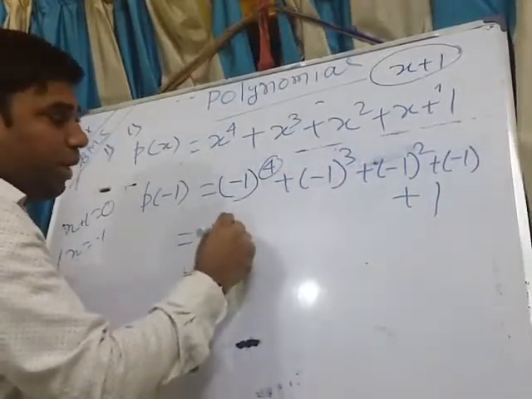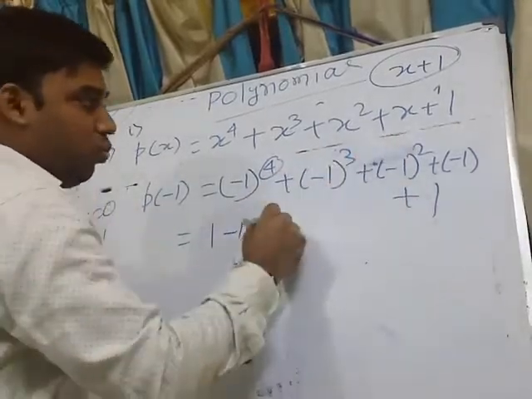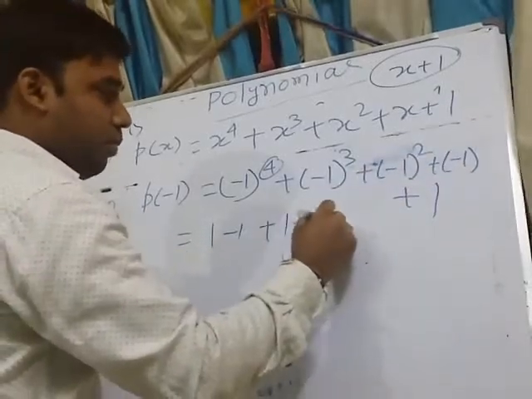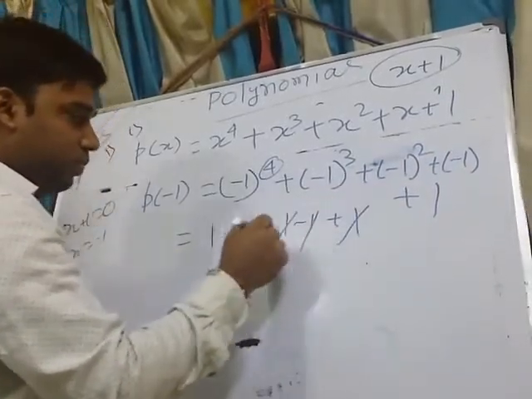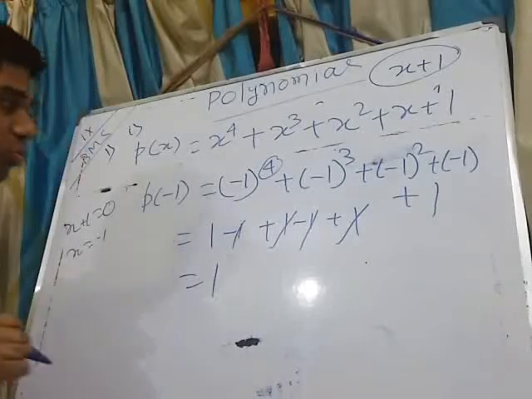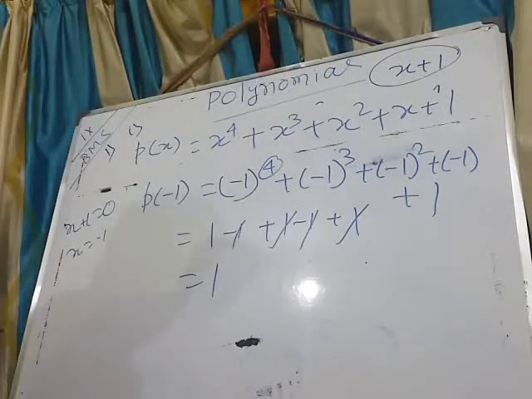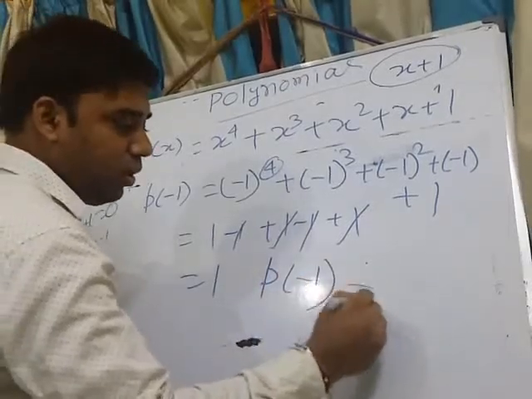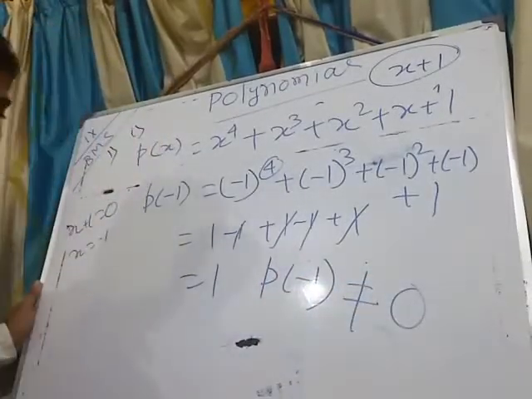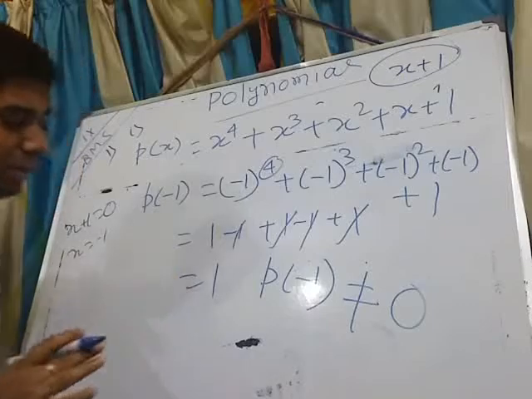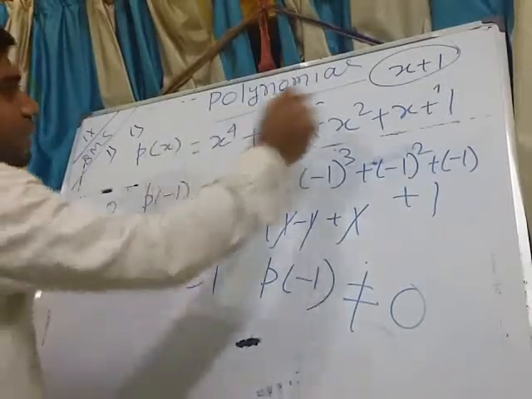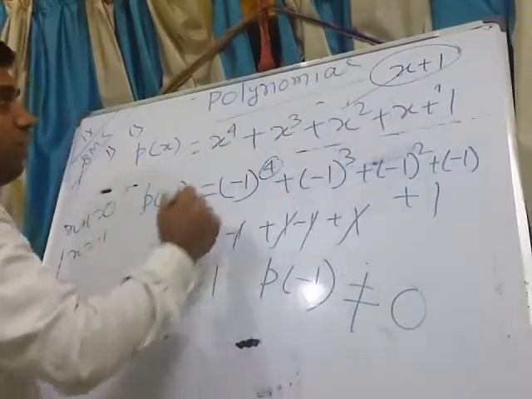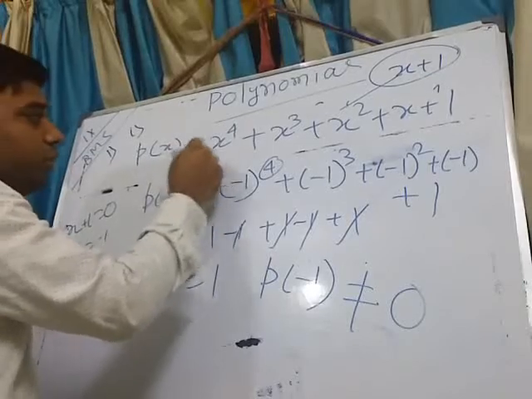Minus 1 cube is minus 1, and minus 1 square is 1. So p(minus 1) is not equal to 0.